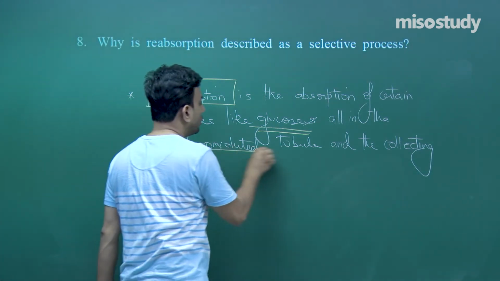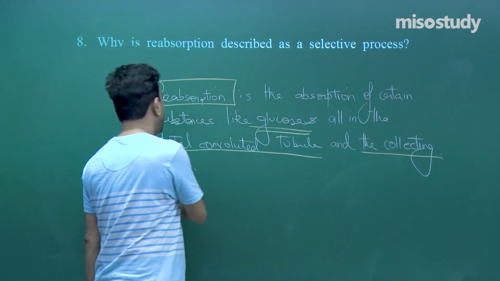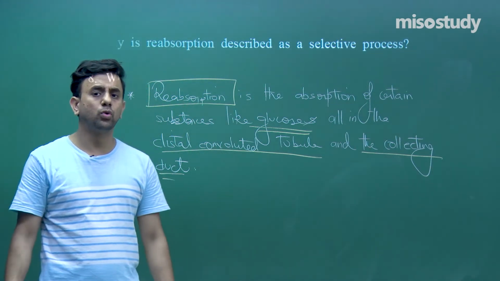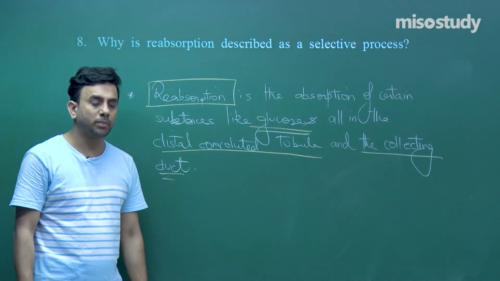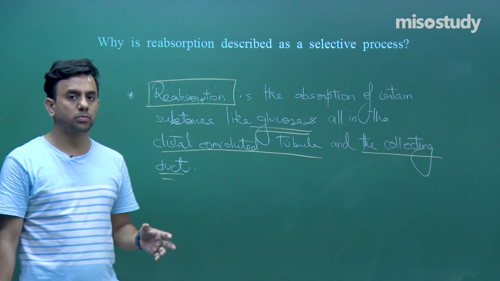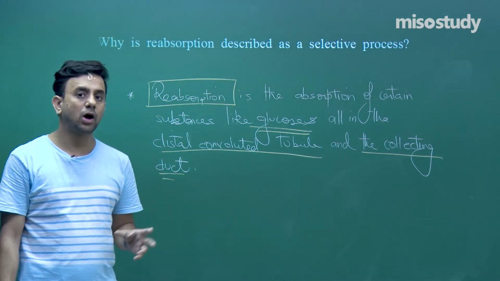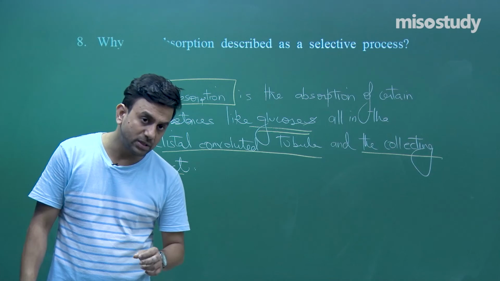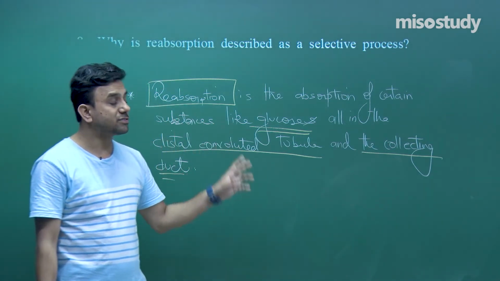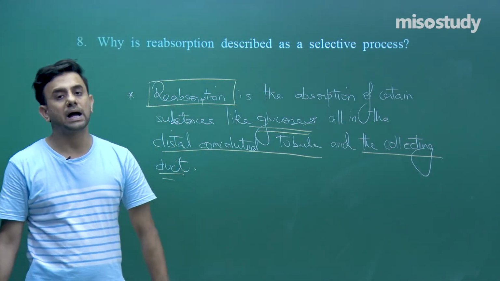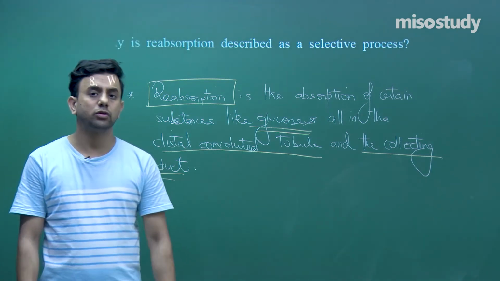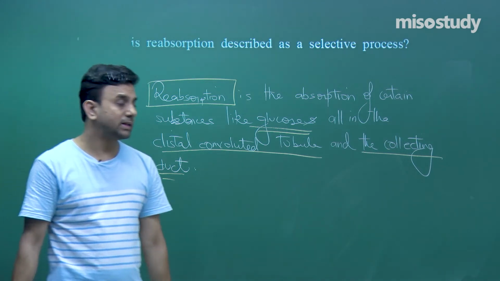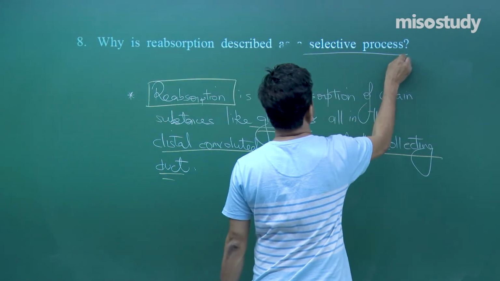What do you mean by selective? It is selecting substances; not all substances in the filtrate are reabsorbed. If urea is passing, it will allow urea to pass. If creatinine is passing, it will allow creatinine to pass. But when sodium, glucose, and other important substances are passing, it reabsorbs them back from the filtrate into the medullary interstitium, and that is why we say it is a selective process.